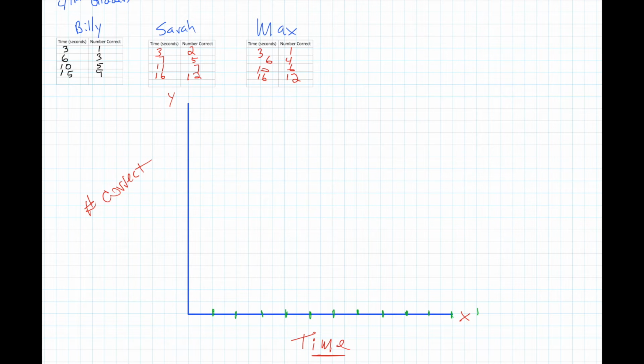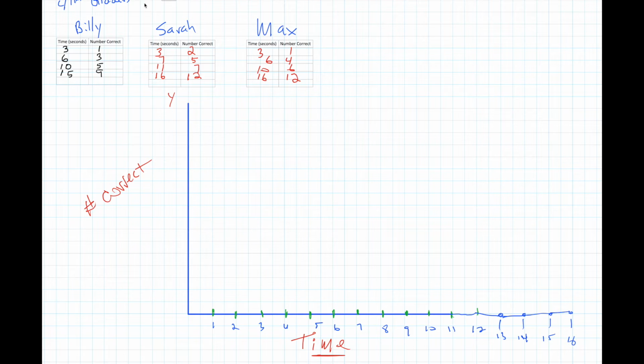Yep, so the highest one we have is 12. Oh wait, I'm looking at the wrong thing. It should have been 16 because it's time. So 1 through 16. Okay, so that's the time.